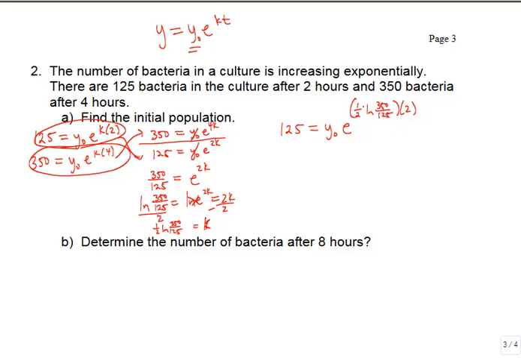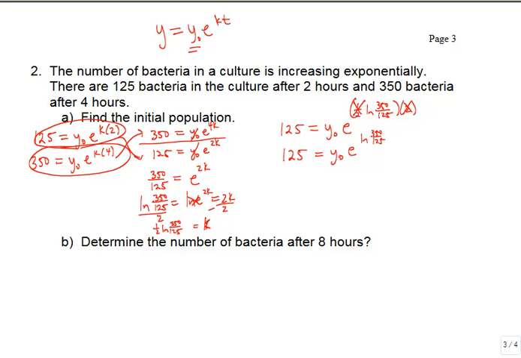So by plugging this k back into one of these two equations, now I have another equation with only one variable in it, so I should be able to solve for y sub 0. Now when you multiply these two things, the 1/2 will cancel the 2, and what you're left with is e to the ln of 350 over 125.